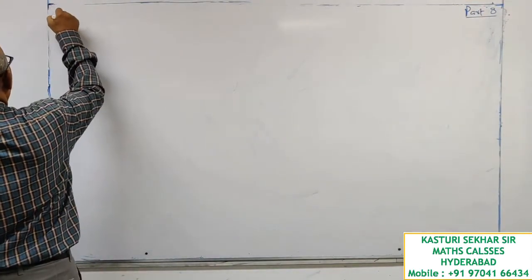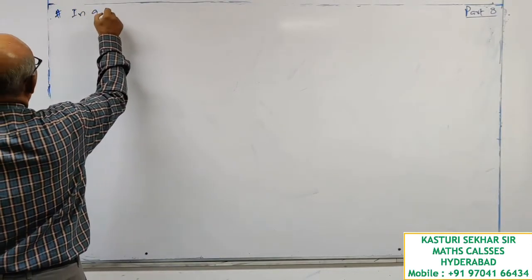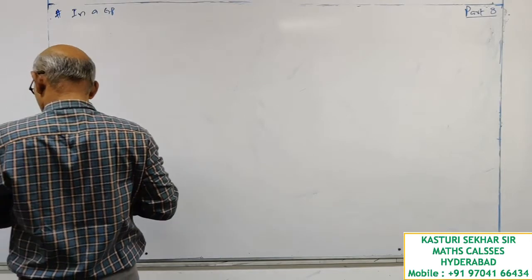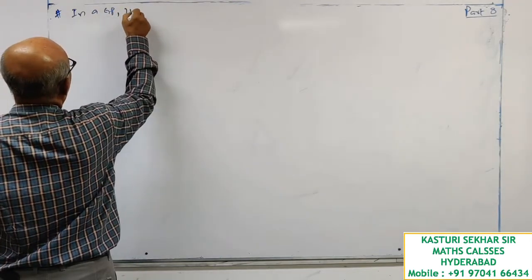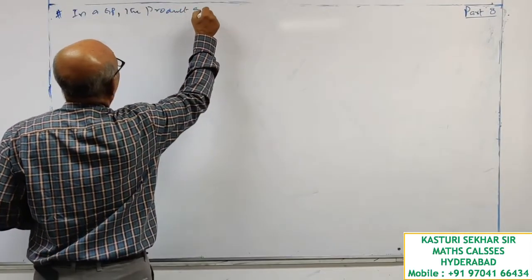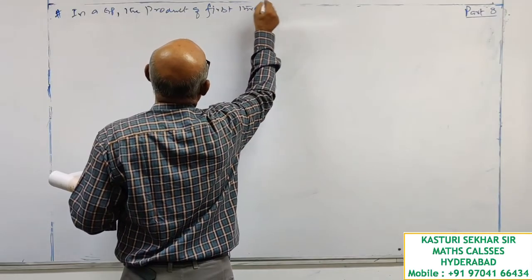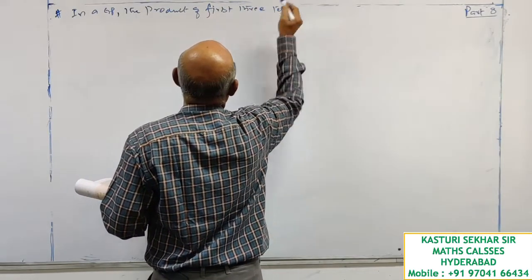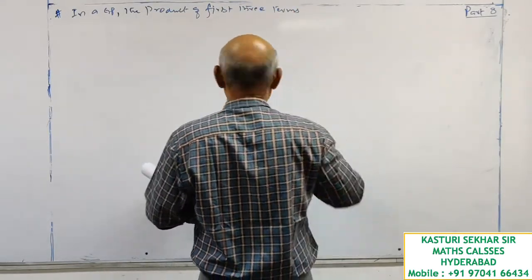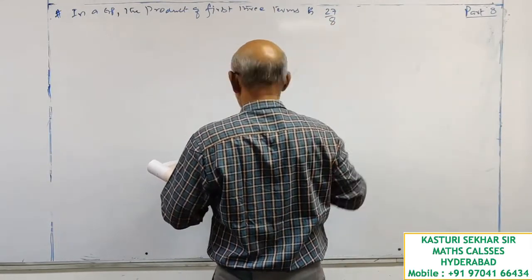Next question. In a geometric progression, the product of first three terms is 27 by 8.